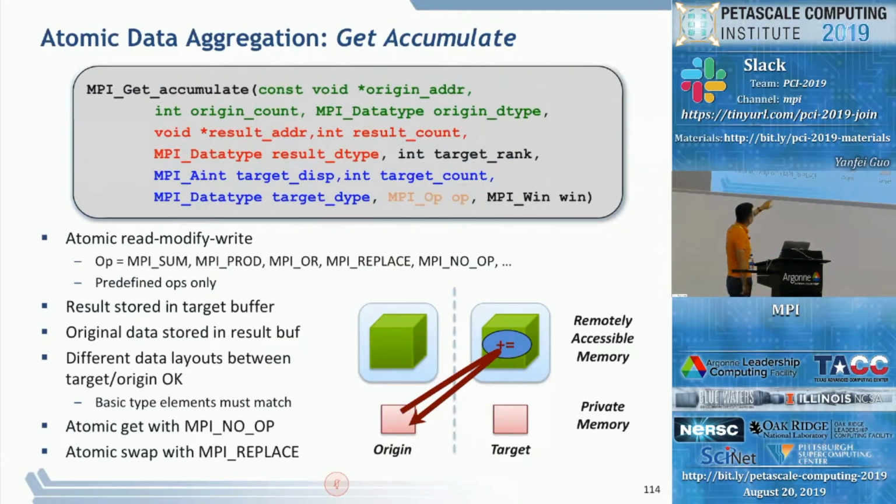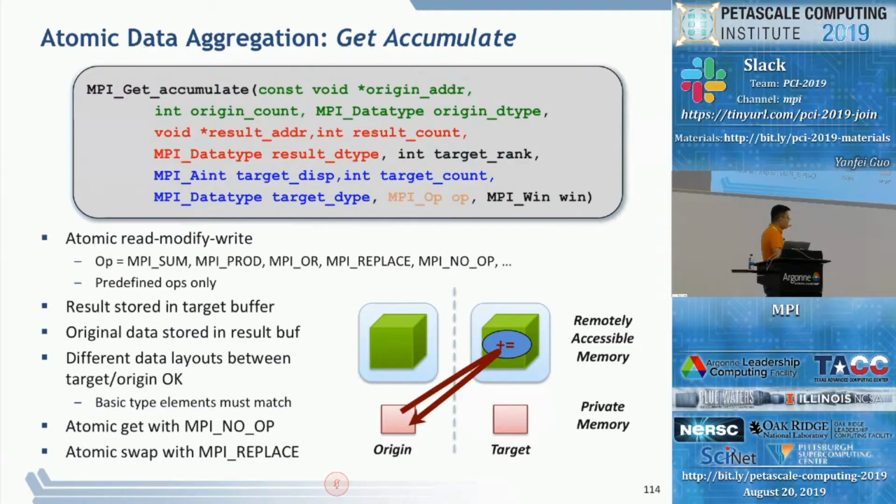You can do all the MPI ops, and what we provide as a special one is called MPI no op. Basically the effect is that I'm not overriding anything; I'm just fetching the target buffer into my result address. If you do MPI replace here, it becomes an atomic swap.